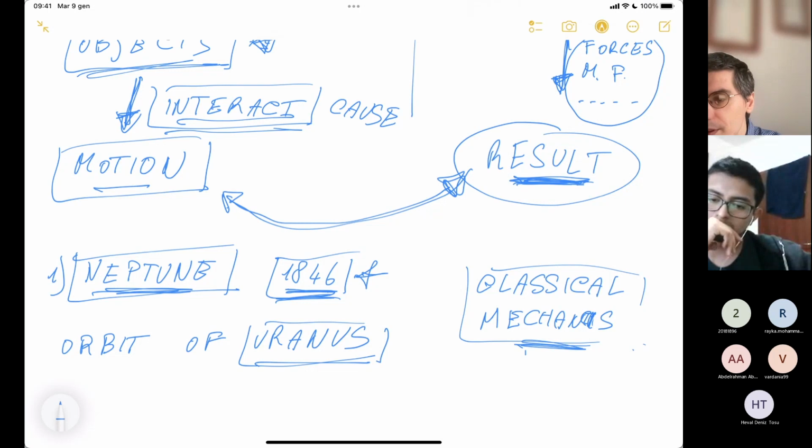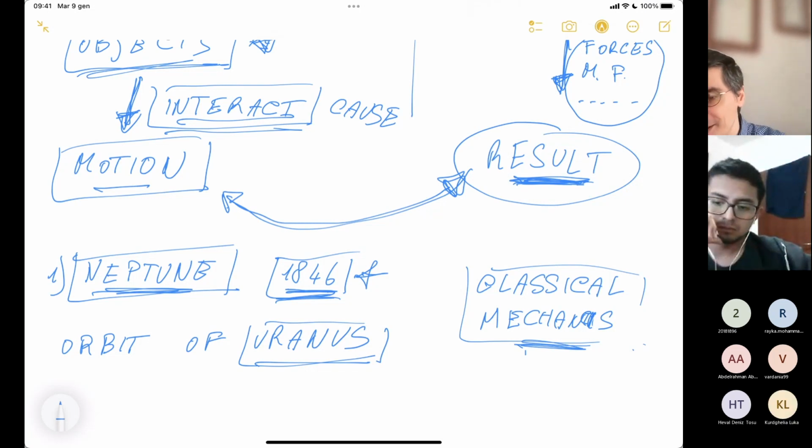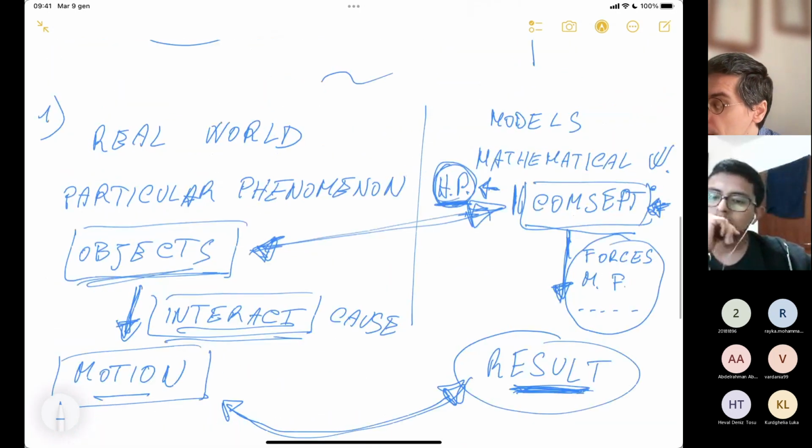But people in this age cannot say Newton is wrong. Newton is considered like a god in this epoch, so you will understand that they choose the other possibility. The other possibility is this one.